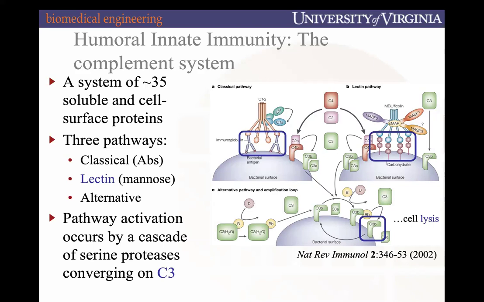First, starting with the classical pathway, usually there's going to be some sort of antibody that recognizes something on a bacterial surface or a pathogen surface, and those antibodies will bind. These antibodies are incredibly specific. In this figure, we see two antibodies.